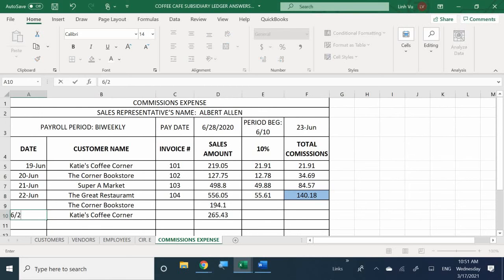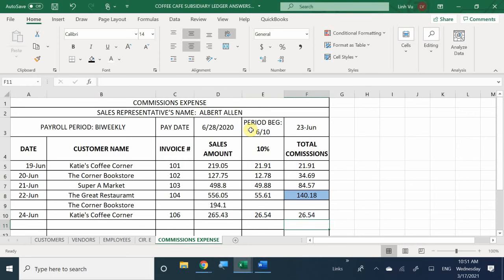He delivered on the 24th, and it was invoice 106 for the 265.43. So he gets 10% of that. So what is that? How much does he get here? 26.54. And once again, that should be his new starting balance for his new paycheck.